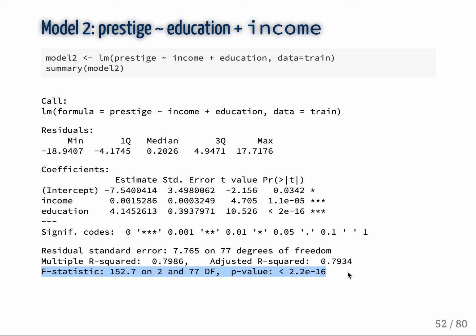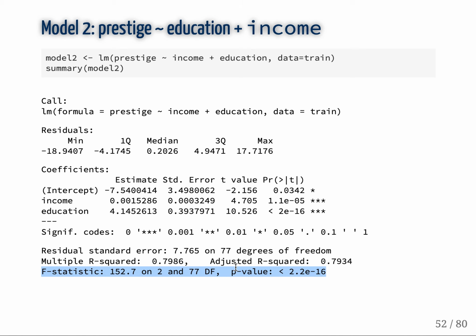In this case, the p-value of the F statistic suggests that at least one of income or education must be related to prestige. However, this does not necessarily imply that the relationship found is an appropriate one for predicting prestige score. Further tests of model adequacy are required.